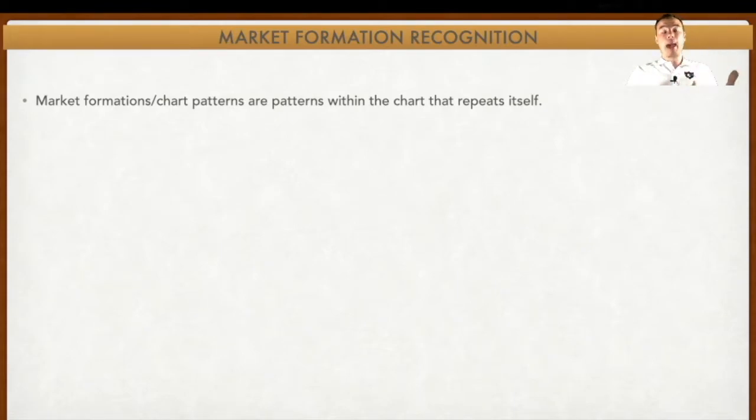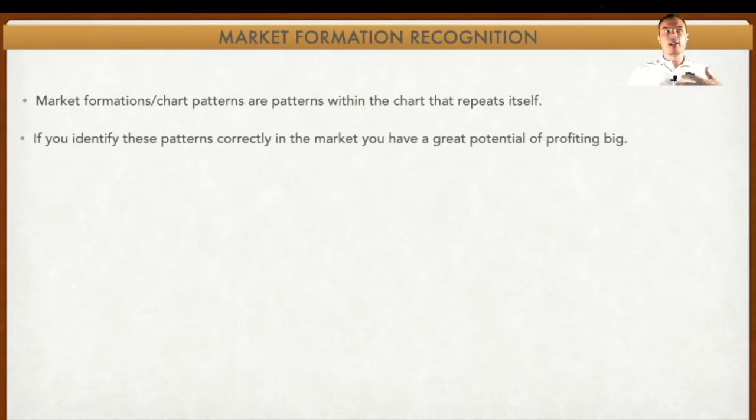And these market formations tend to repeat themselves. So, as us traders, we can take advantage of this repetition. Now, if you identify these patterns correctly, okay, there is major profit potential to be made.